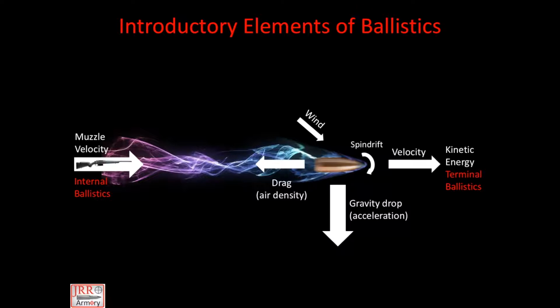That spinning creates a spin drift, similar, if you will, to prop walk on a boat when you back up for docking. The ballistic coefficient is a measure of how well the bullet cuts through the air, and each bullet, based on its design, has a certain ballistic coefficient.